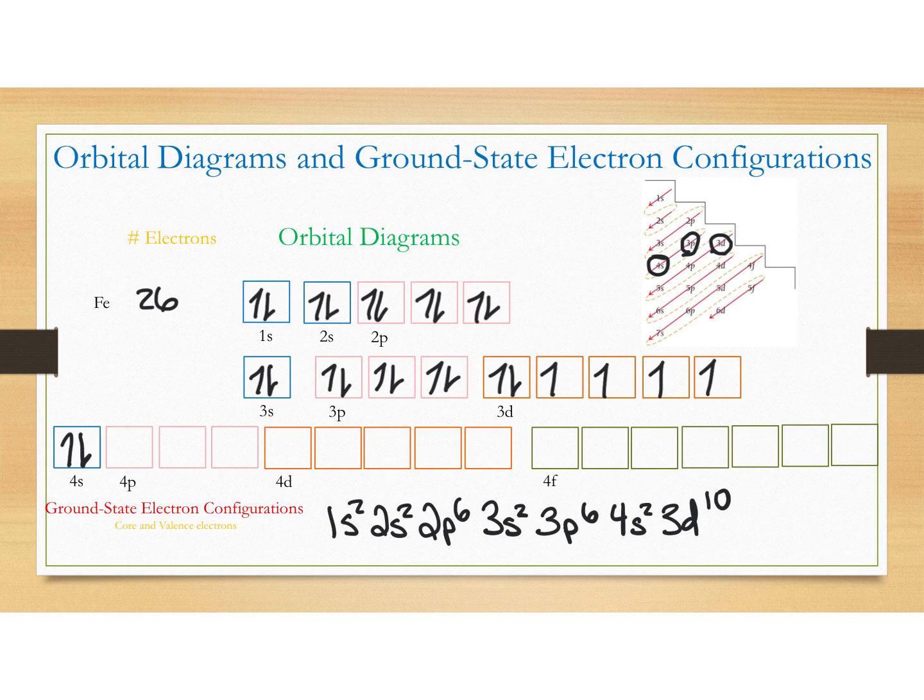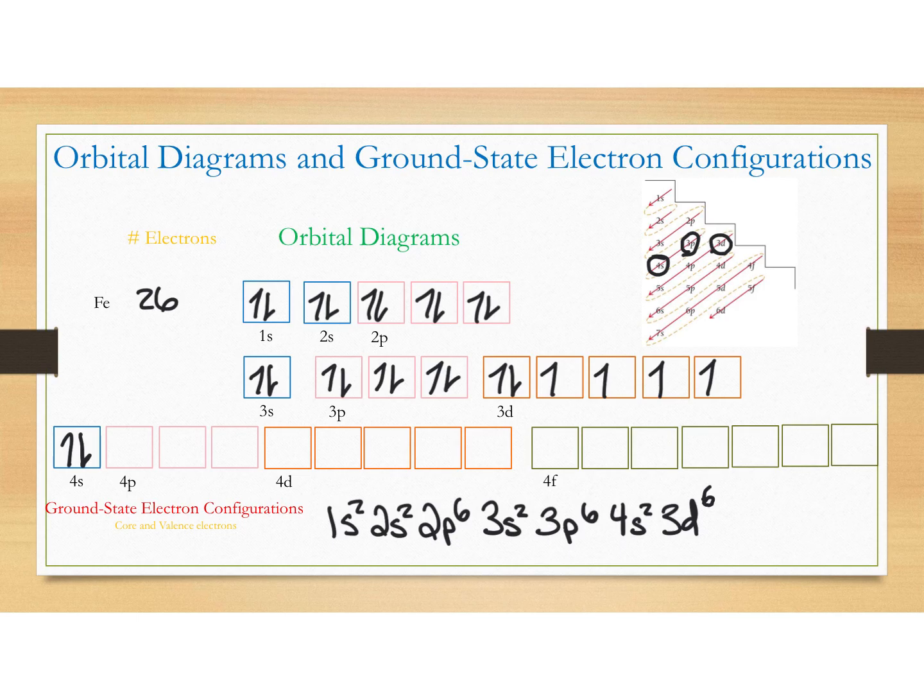So yeah, I made a mistake here. I didn't have 10. How many do I have in the d? I have 1, 2, 3, 4, 5, 6. So I have 6 in the d. I don't know why I keep wanting to put 10 in there.